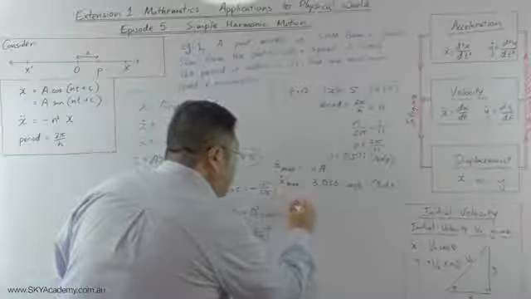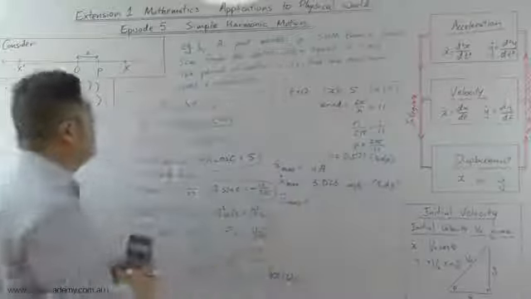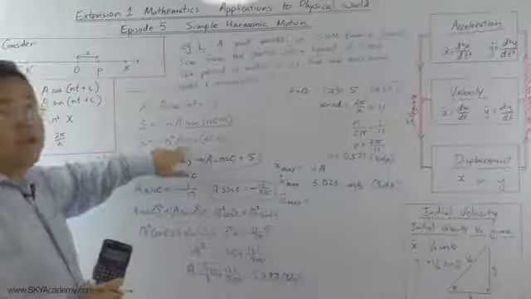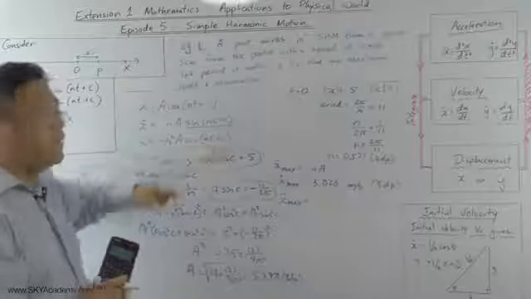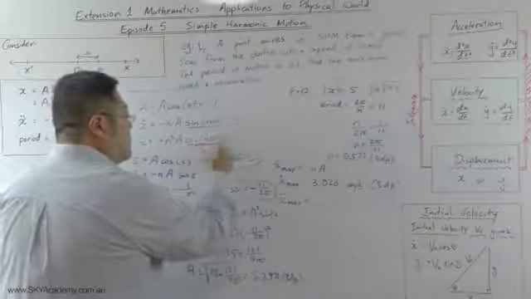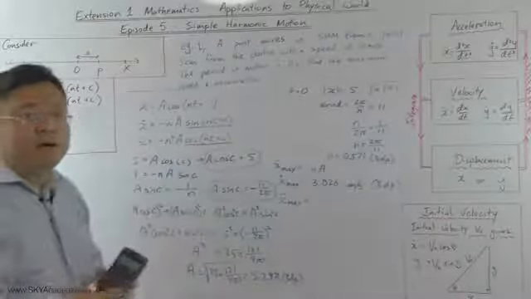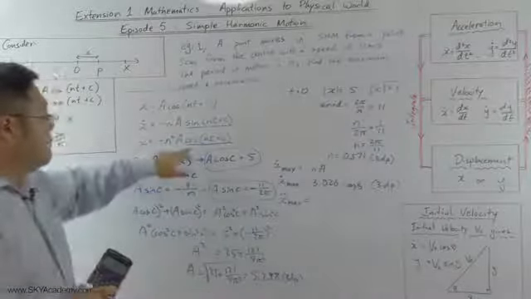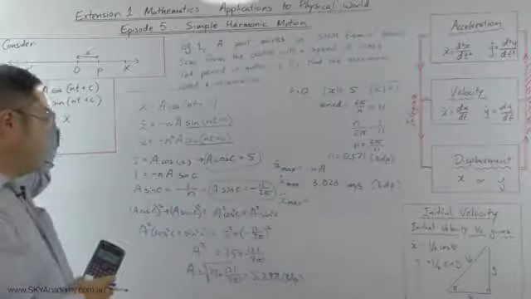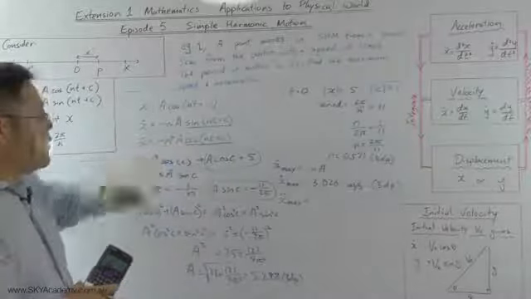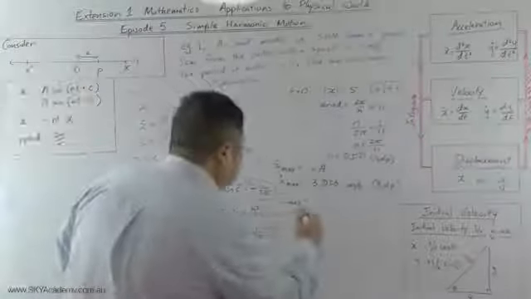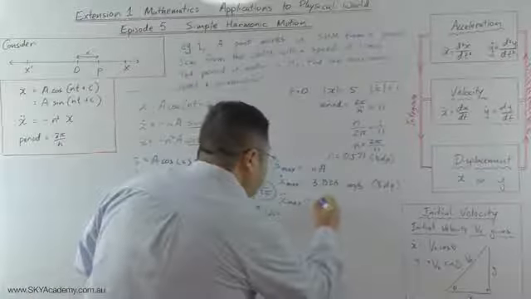Now, the next thing I want you to see is that the maximum acceleration is going to be, again, when the cos function is a maximum, again positive or negative 1. So the acceleration is going to be a maximum when you've got n squared a. Which is n squared a.